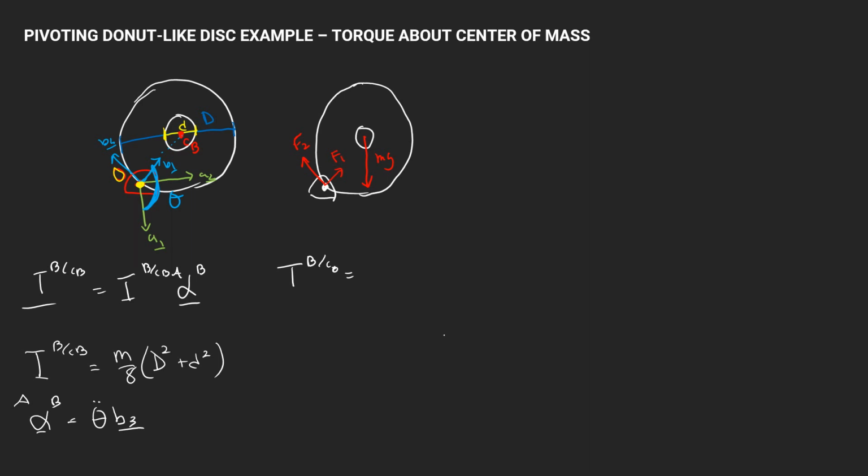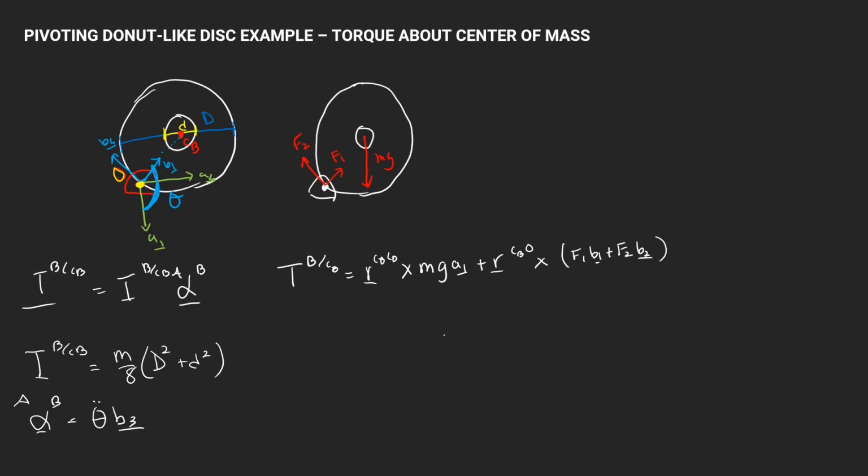For the force at the center of mass, we'd have the position vector from the center of mass to the center of mass crossed with mg A1, plus the position vector from our center of mass to point O crossed with F1 in the B1 direction plus F2 in the B2 direction.